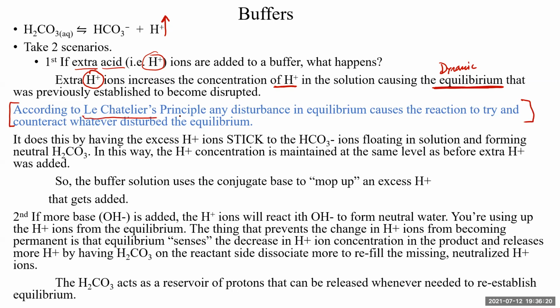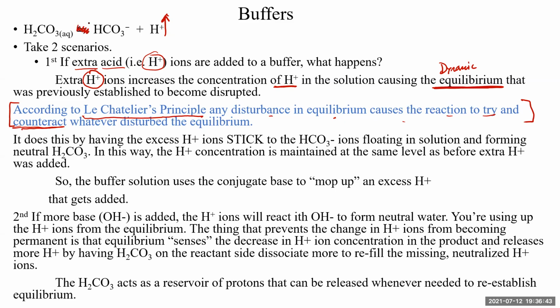According to Le Chatelier's principle, any disturbance in an equilibrium, once it's established, causes the reaction to try and counteract whatever disturbed the equilibrium. In other words, if I add too much hydrogen, what's going to happen? Too much hydrogen is going to flip this into reverse.